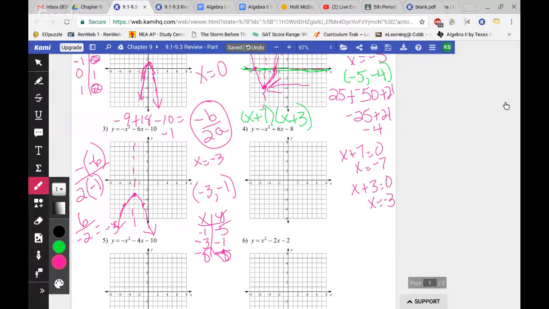But if you don't, I wanted to show the table of values to get 2 more points, because we only need 3 points. So I can either factor like I did on number 2, I can do a table of values like I did on number 3, or obviously you can use your graphing calculator. But you do have to make sure you write down your vertex and your axis of symmetry. Got it.